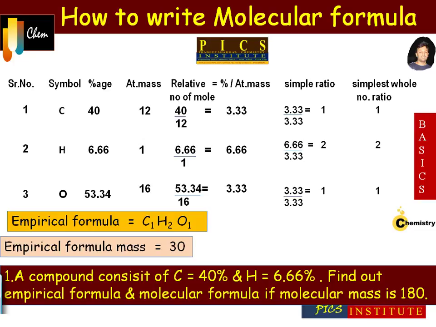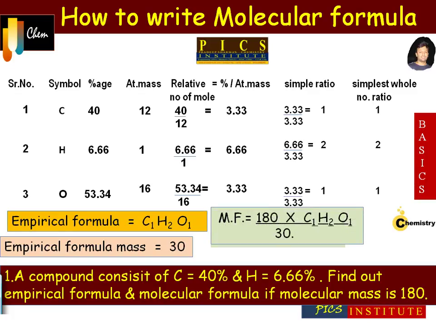Since in the statement molecular mass is given, for molecular formula use the formula of molecular mass. Molecular formula is equal to molecular mass into empirical formula divided by empirical formula mass. After putting the values, you get the answer C6H12O6. So students, this is the method how to find out molecular formula and empirical formula.